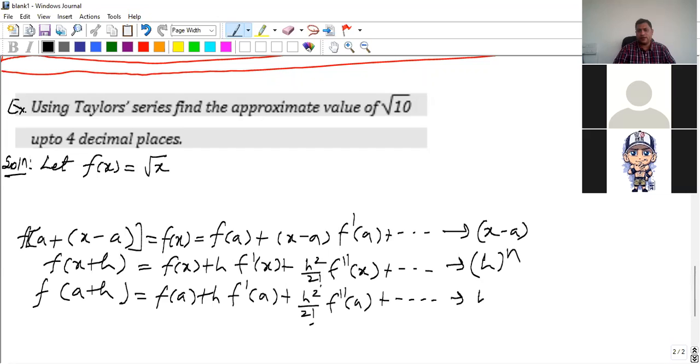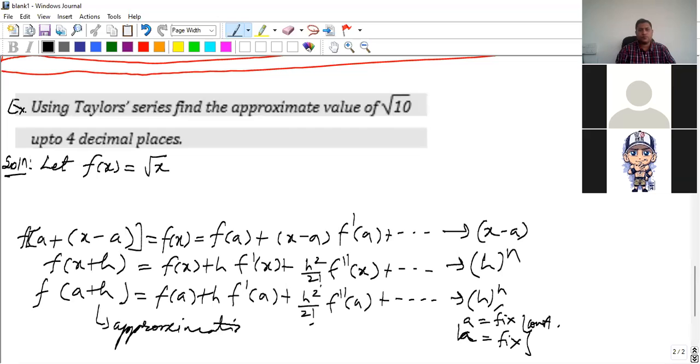This will again generate in terms of h raised to n, but here a is fixed and h is also fixed, or in other words, these are constants. And so this expression is used for approximation. What expression is used for approximation? This is the formula that is used for approximation.